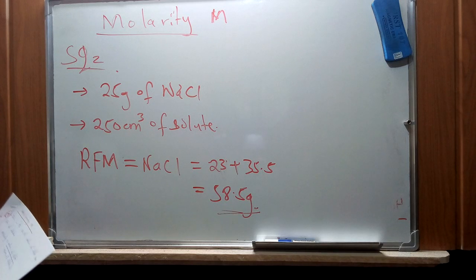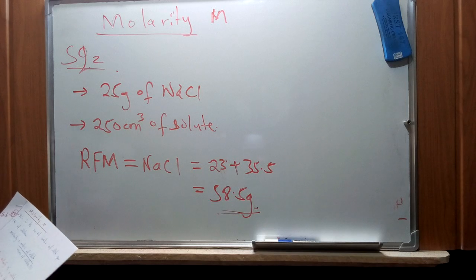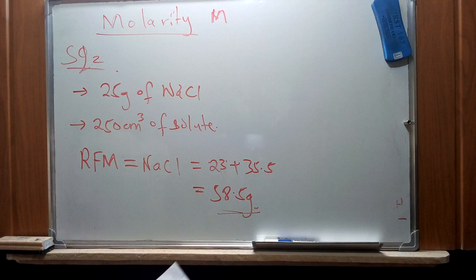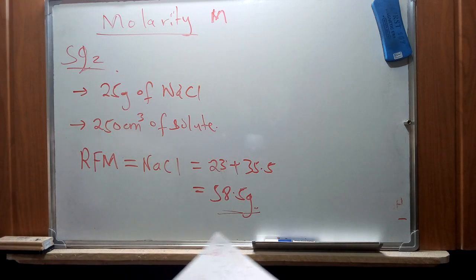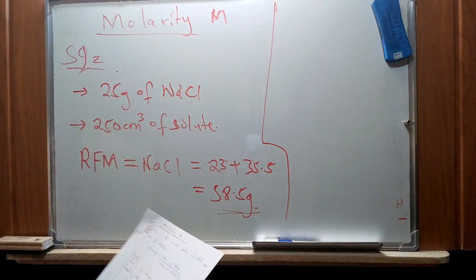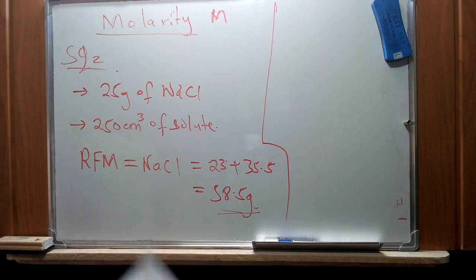So in this case, it is 25 grams that were dissolved in 250. Therefore, we can find the ratio between this and 1 mole and try to see how many moles were dissolved.